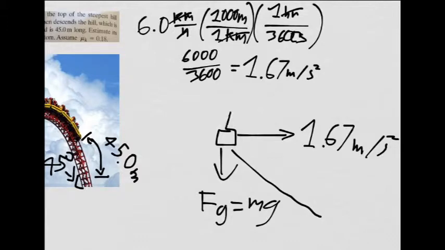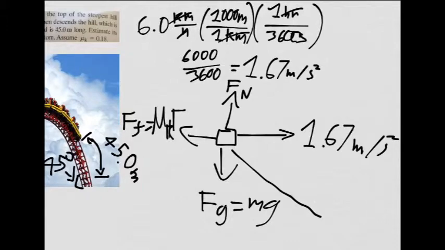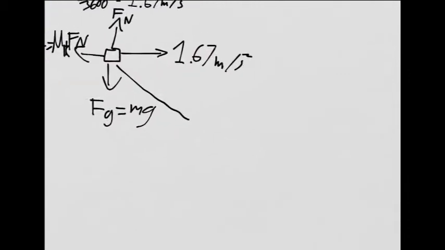Here, this is the normal force, just opposing mg. And this right here, the force of friction, is mu k times normal force. Sorry, that's really messy. I'm gonna move over here for more space.